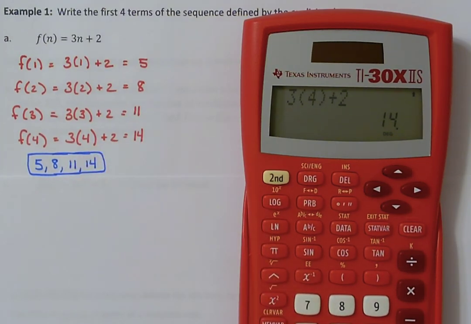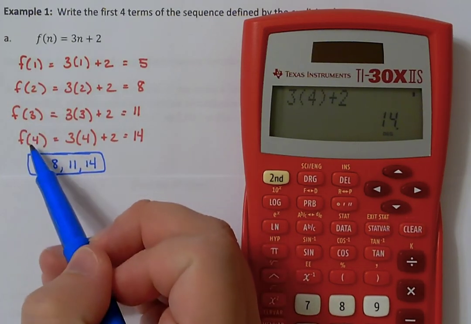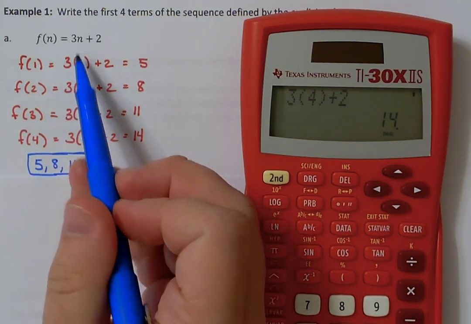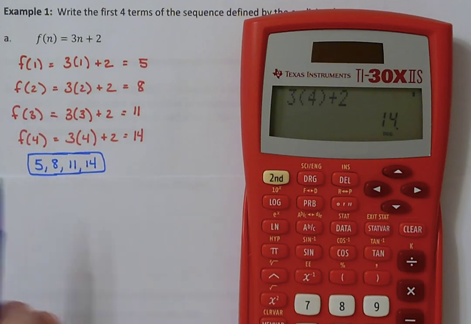And that's our answer. So if it asks you to identify the first 4 terms of an explicit rule, you're just going to take 1, 2, 3, and 4, plug it in, solve, and then you get your answers. So my answer for number 1A is 5, 8, 11, and 14.